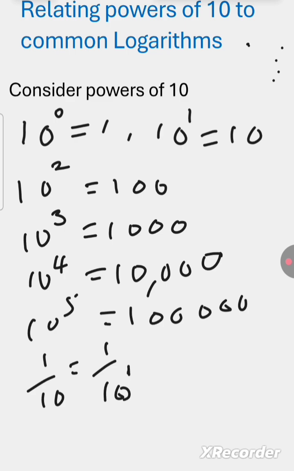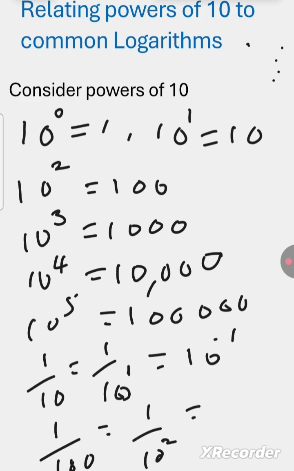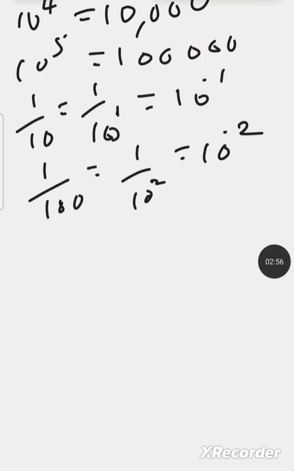So we said 1 over 10 power 1 can be written as 10 power negative 1. If you're given 1 over 100, this will be 1 over 10 power 2, which is equal to 10 power negative 2.